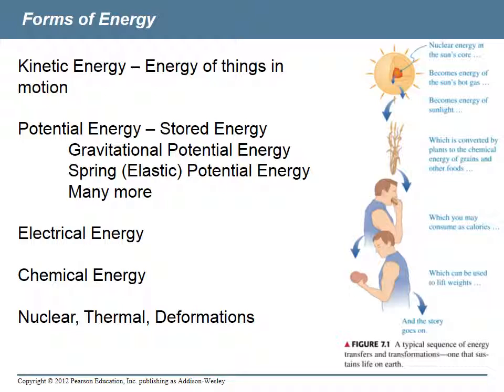So the amount of potential energy it has is related to how high it is and how hard gravity is working on it. This is gravitational potential energy. I'll give you an equation in a little bit, but gravitational potential energy is the amount of energy that an object can do with the assistance of gravity.